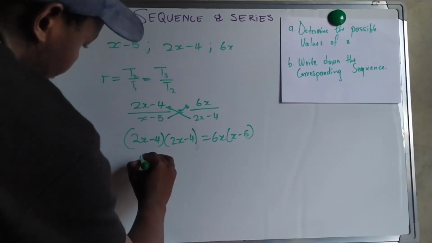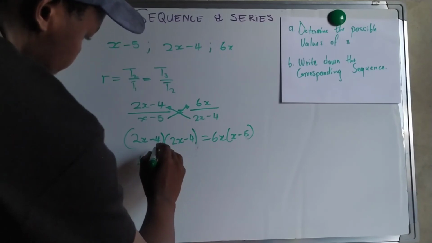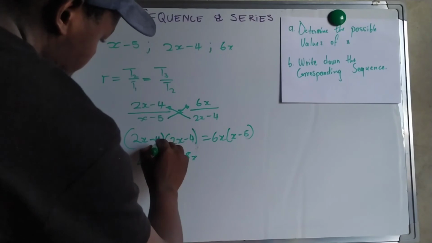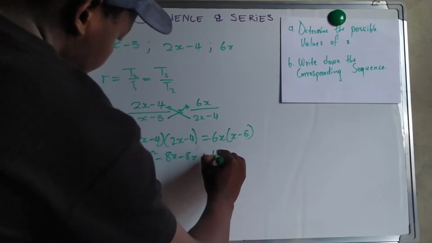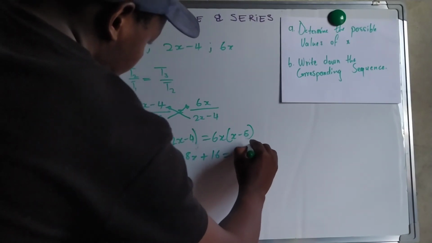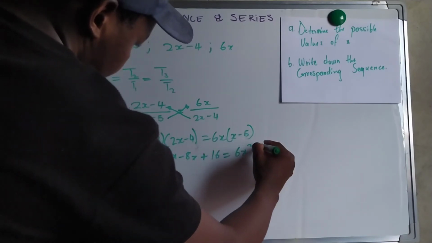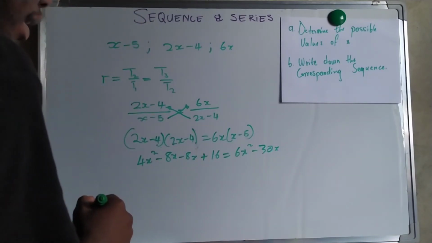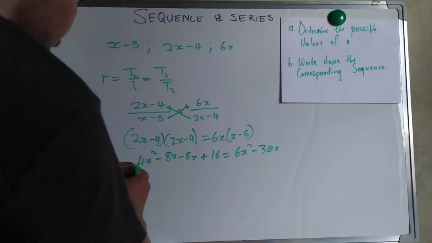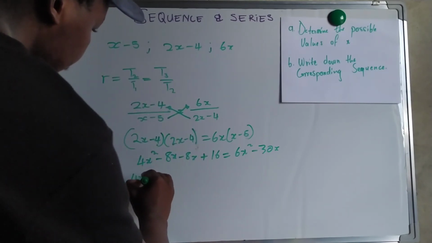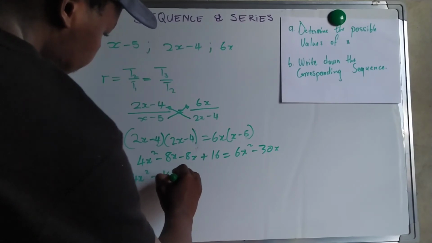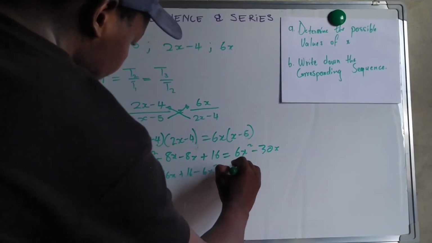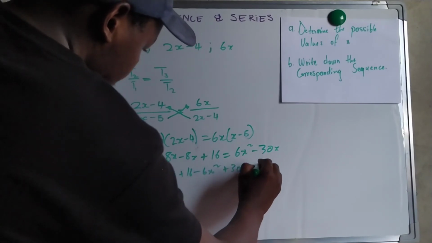So we'll end up with 4x squared minus 8x for this one, minus 8x for this one, plus 16 is equal to 6x squared minus this gives us 30x. Right. Then we can equate all this to 0. We're going to have 4x squared minus 16x plus 16 minus 6x squared plus 30x equal to 0.